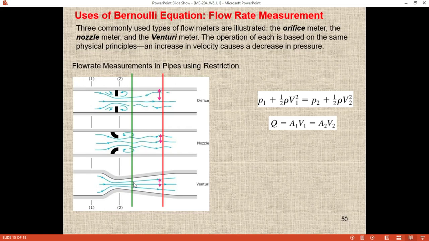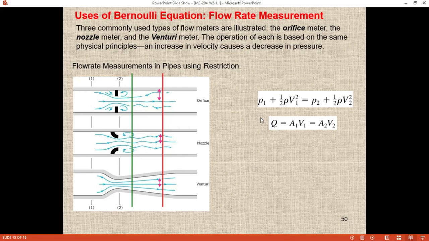But in the Venturi section you can see the fluid particles are not as separated; they are smooth and aligned. You don't see any vaporization or cavitation. So if you insert any pressure gauge or U-tube manometer, you will get an almost realistic and accurate measurement of the pressure difference.